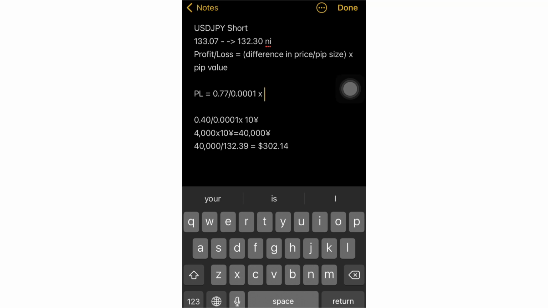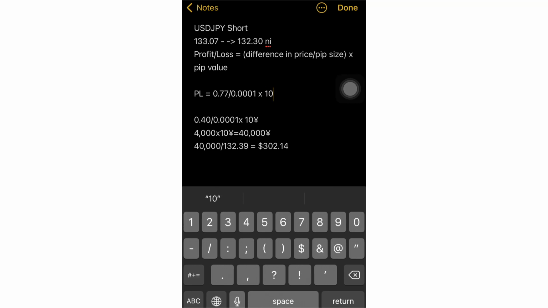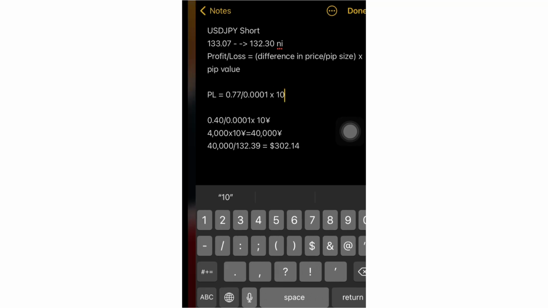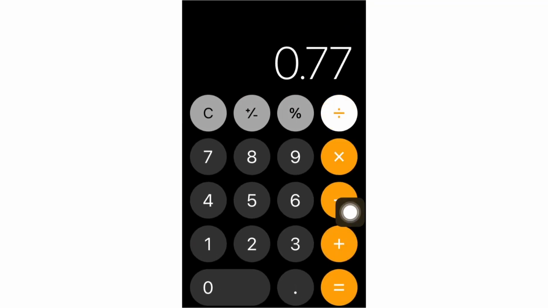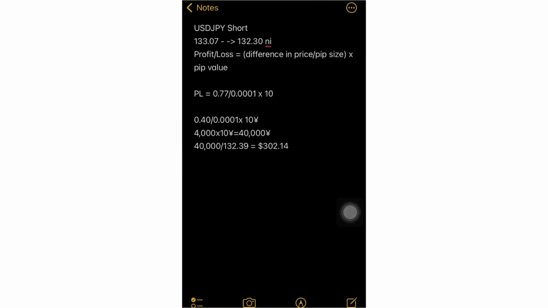Because I've already decided I want to use one lot size, the pip value will be 10 yen, because the Japanese yen is the quote currency. So all we have to do is divide this 0.77 by 0.0001. We have 7,700.